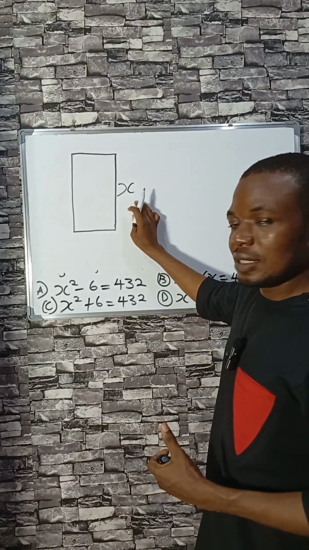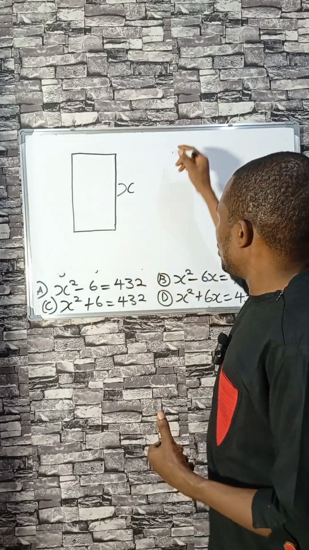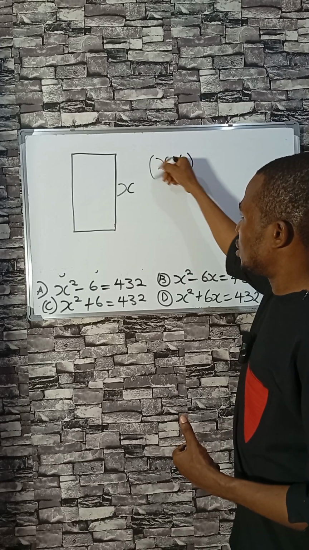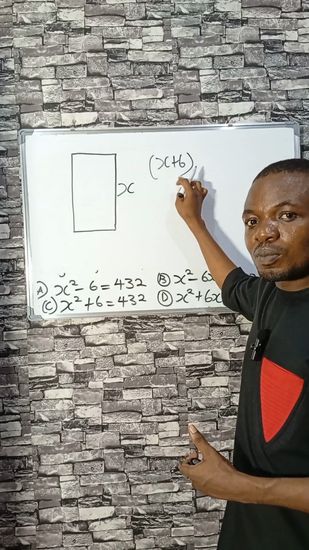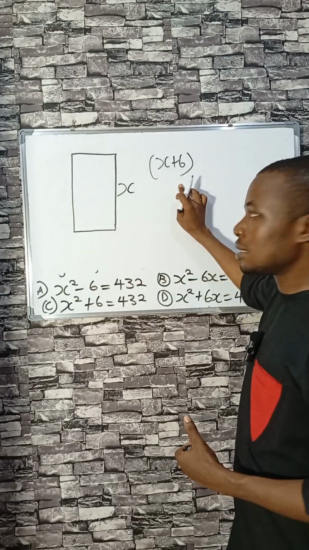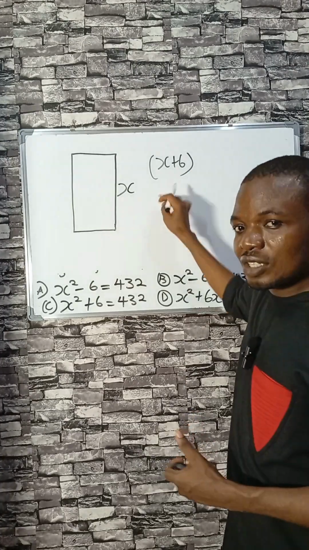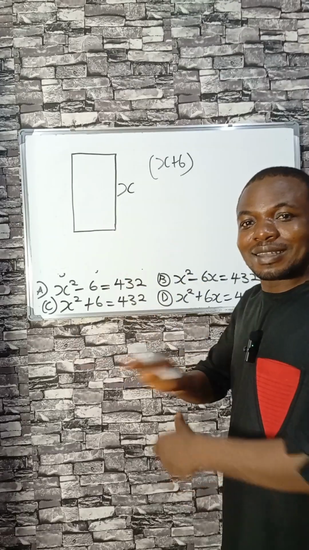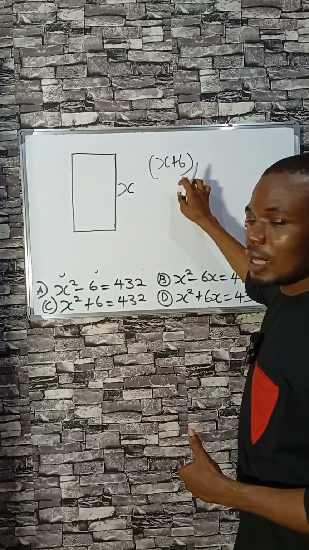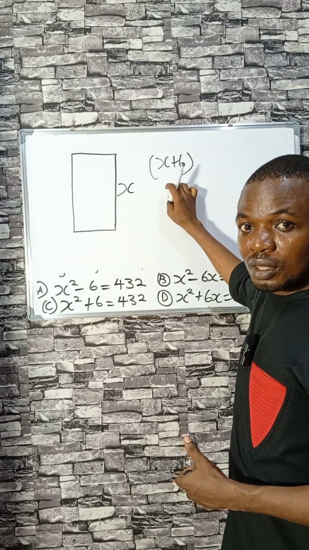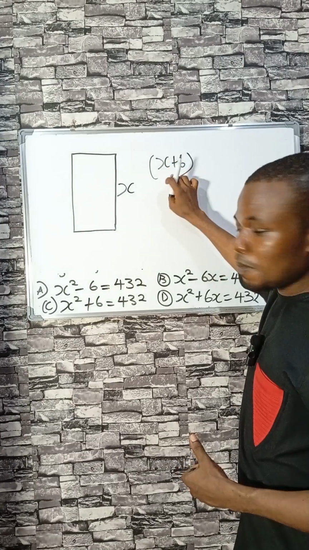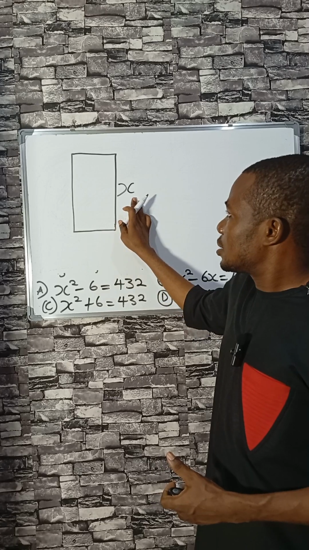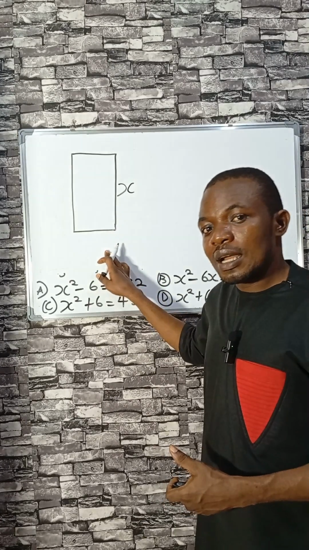So if the length is x, you may be tempted to have x plus 6, but this x plus 6 cannot be the width. We were given that the length is x, so x plus 6 cannot be the width. This cannot be.